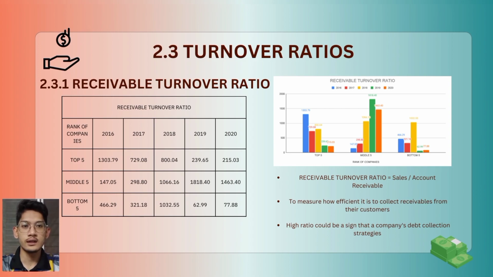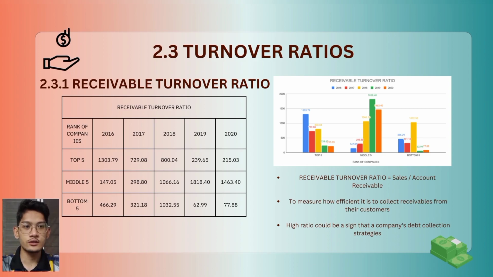Referring to the graph, the top 5 companies recorded a receivable turnover ratio starting at 1,303.79, decreasing year by year until 215.03.